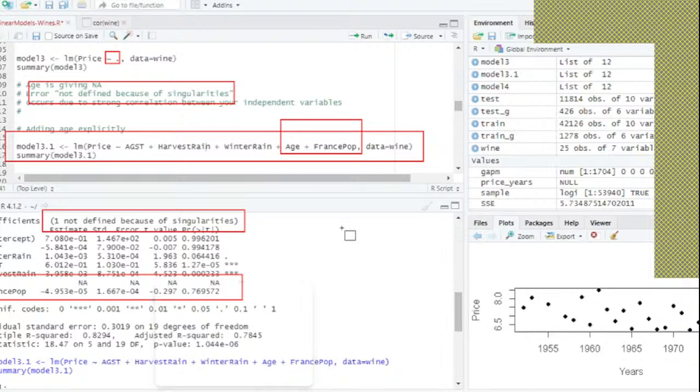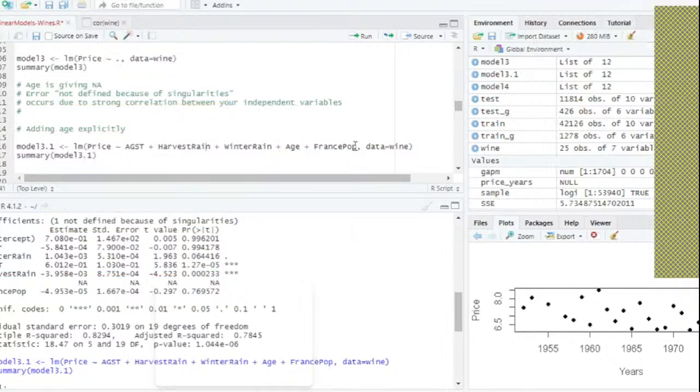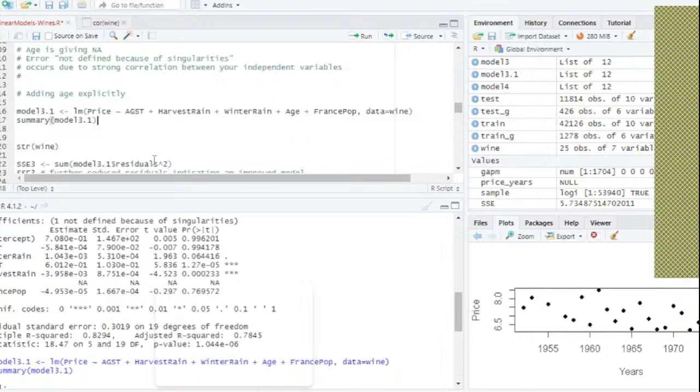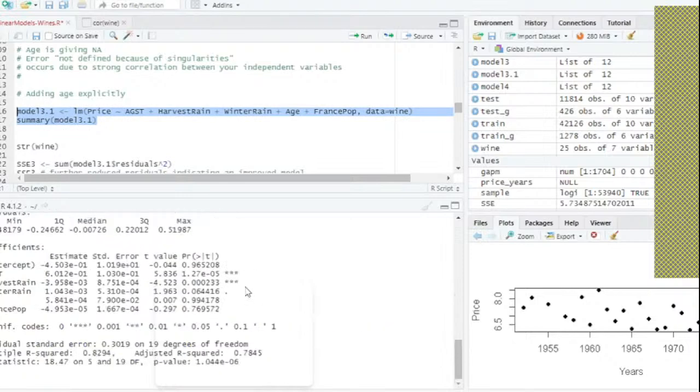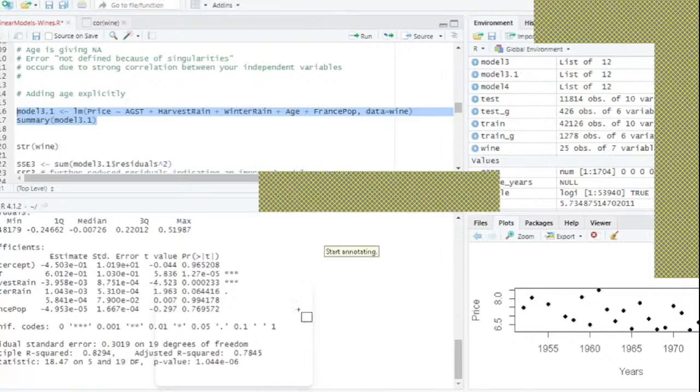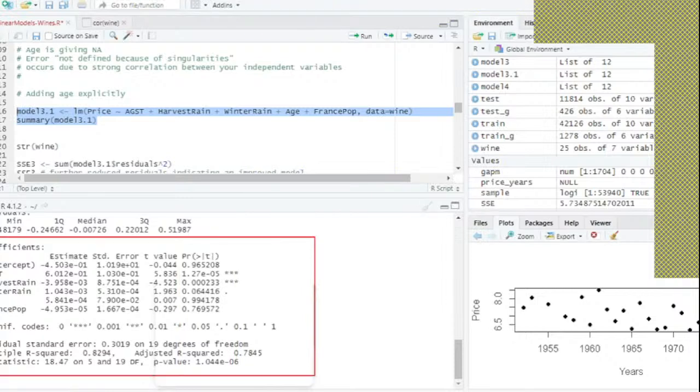But I want to see the impact if I include both age and France population. How is my R square? So I include both of them in my model and I come up with model 3.1. Now if you see model 3.1, this is the output that you should be getting. All of you are getting a similar output. Don't go into the detail.